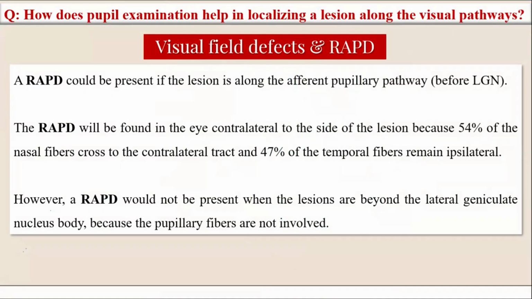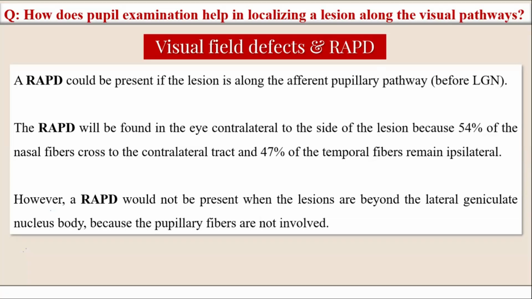The question asked: how does pupil examination help in localizing a lesion along the visual pathways? Visual field defects and RAPD. RAPD could be present if the lesion is along the afferent pupillary pathway before the lateral geniculate ganglion.